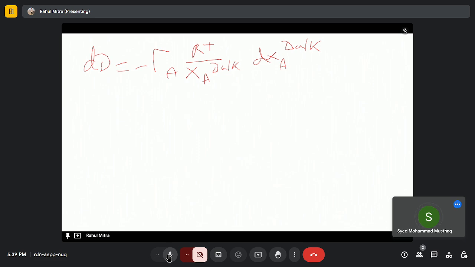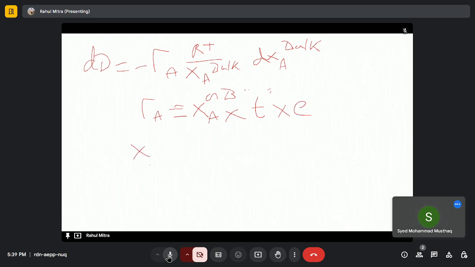Now again, let's say this tau A will approximately depend, on simplifying, on XA of the grain boundary, because it is the number of atoms times thickness T times the density.